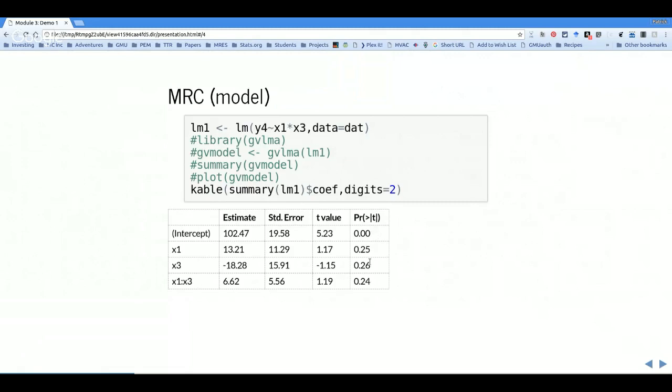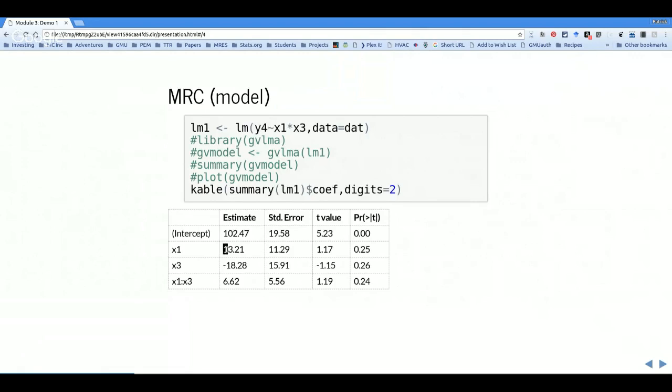And you'll also notice that the critical p-value that we typically use is 0.05, and only the intercept is significantly different from 0. It's 102.5 roughly. What that means is probably not much. It just means that the mean for Y4 is not 0. So we can reject that.